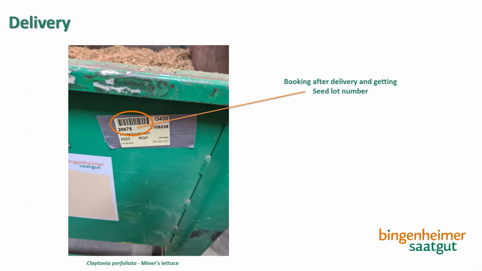I would like now to show you pictures of the whole workflow, and this is done for each seed lot that is delivered to Bingenheimer Saatgut. The seed lot is booked, and after booking, the seed lot number, marked here in orange, is assigned.